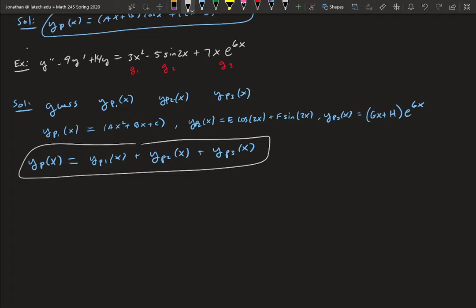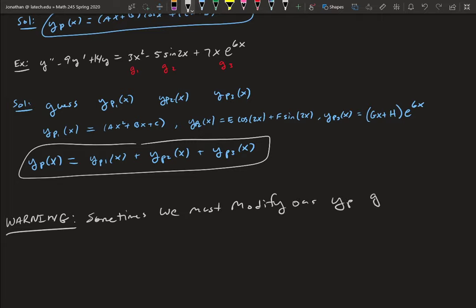Just a note of warning: sometimes we must modify our yp guess from what's in the table, based on y sub h of x. And we'll talk about that next time.